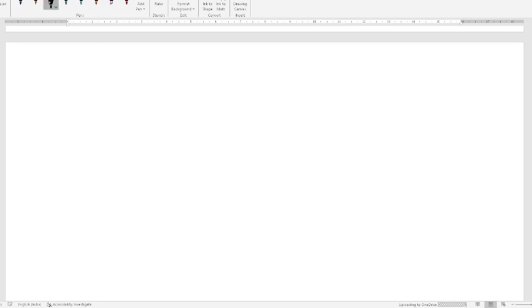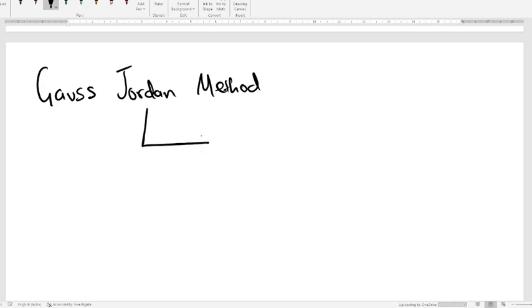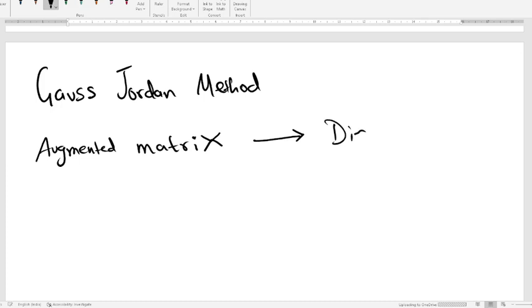Great. So in the Gauss-Jordan method, what we want to do is that we want the augmented matrix to be changed into a diagonal matrix.